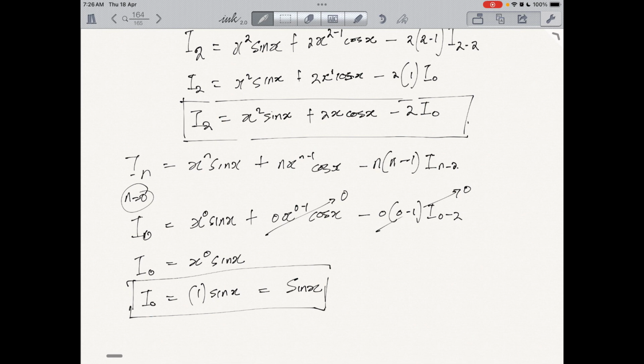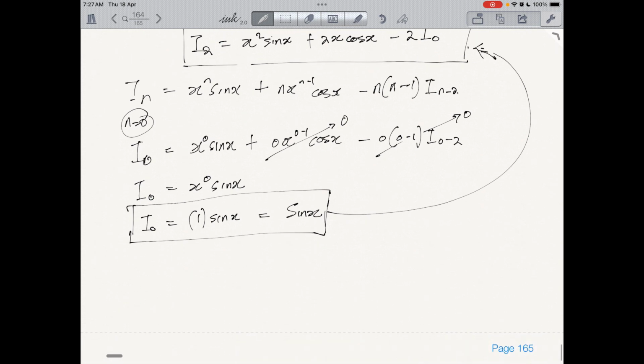Now we have evaluated I_0. Then we now have to substitute it into I_2. Now let's quickly take a look at another way to evaluate I_0. We recall that I_n is equal to the integral of x raised to power n cos x dx.